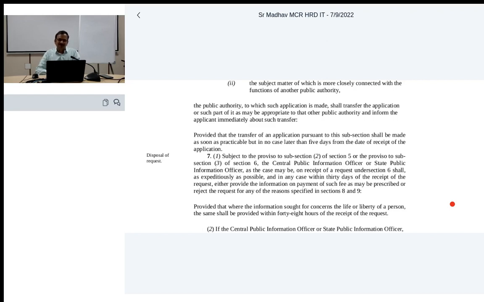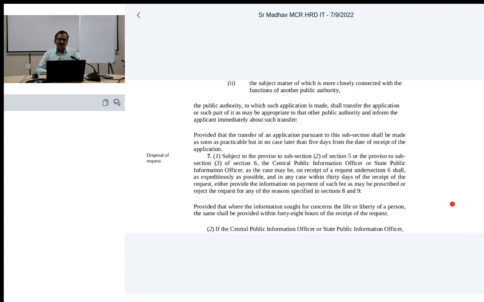So in sensitive cases, if the PAO needs to withhold that information, she has to go to section 8 or 9 and refer to the various exemptions available there and quote the relevant exemption which is applicable in that particular case.